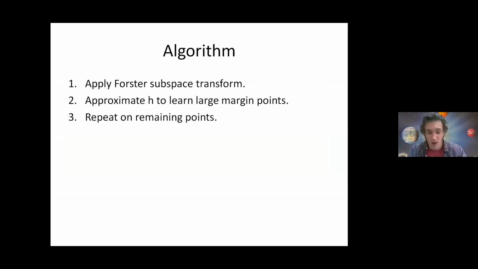After we've learned the high margin points, the points that we haven't learned yet might all be super low margin. So we need to reapply a Forster transform to put them back into isotropic position. Then in this new set of coordinates, we relearn the orthogonal vector, and that teaches us some new points, and we can keep iterating this.